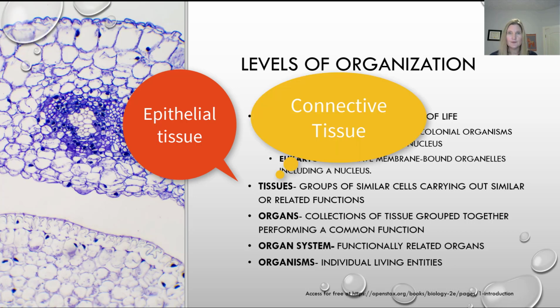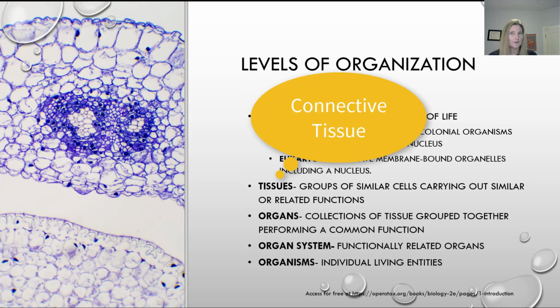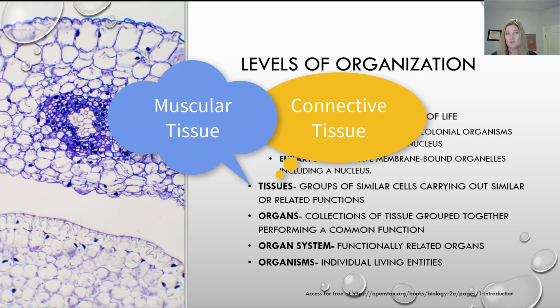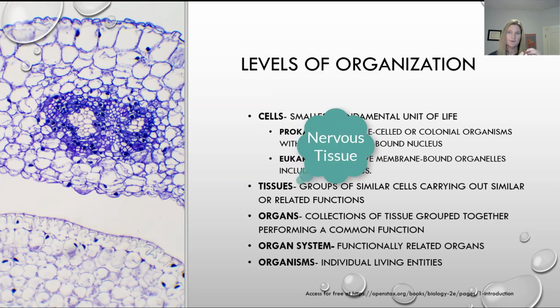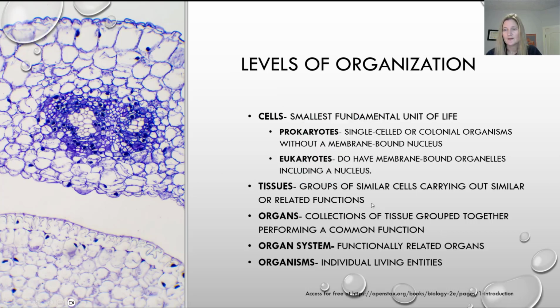We have connective tissue, we have muscular tissue, and we have nervous tissue. So these are just types of tissue that are made up of similar types of cells, and they work together to form similar functions. So think of what a nervous tissue would do. It's going to be sending signals throughout your body to communicate, okay?